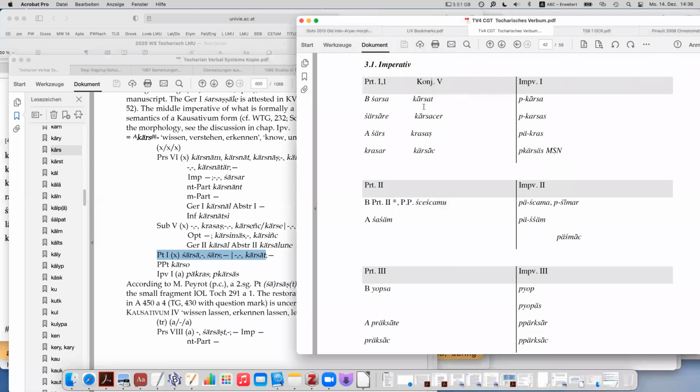So this is the preterite shus, and then we build the imperative from the preterite, right? And you have the class, don't forget it. So shus is actually active, and then in the middle you have classa.